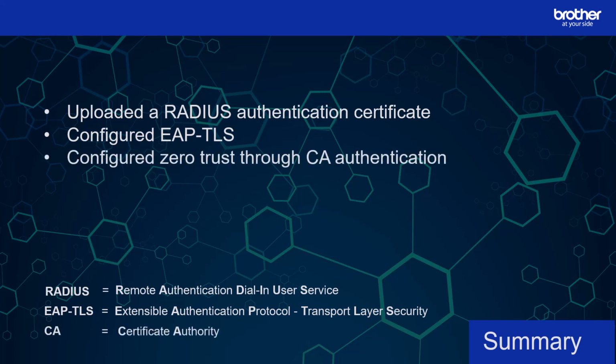I then concluded this video by showing you how I made my brother device challenge the authenticity of the Radius server through CA verification. This is also known as Zero Trust, as the brother device and Radius server now won't trust each other without successful authentication by either side.